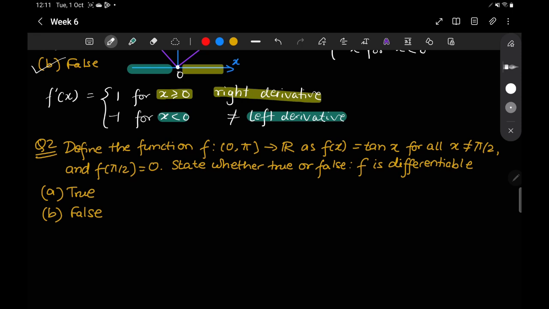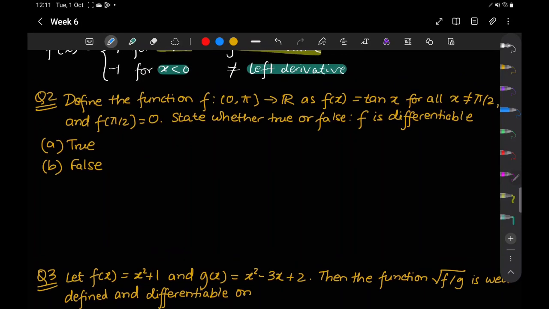Okay, now we will discuss the solution. Once again, let us begin by making the graph for the function. So that's my x-axis.